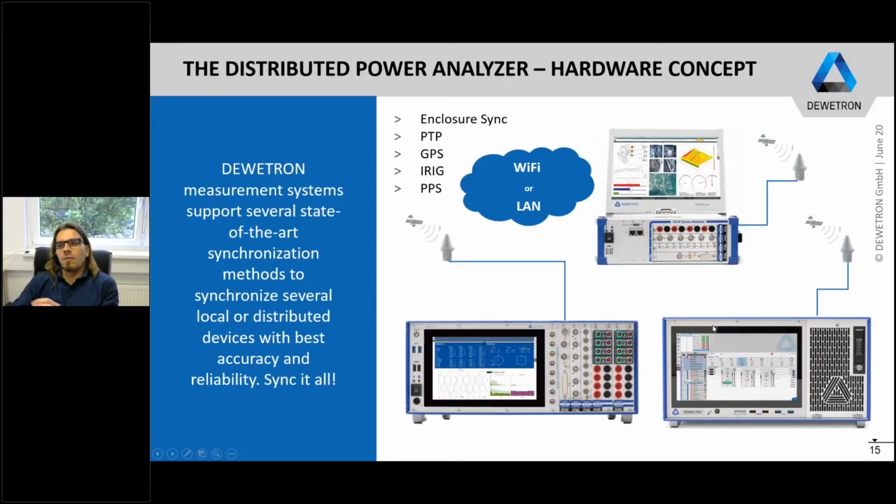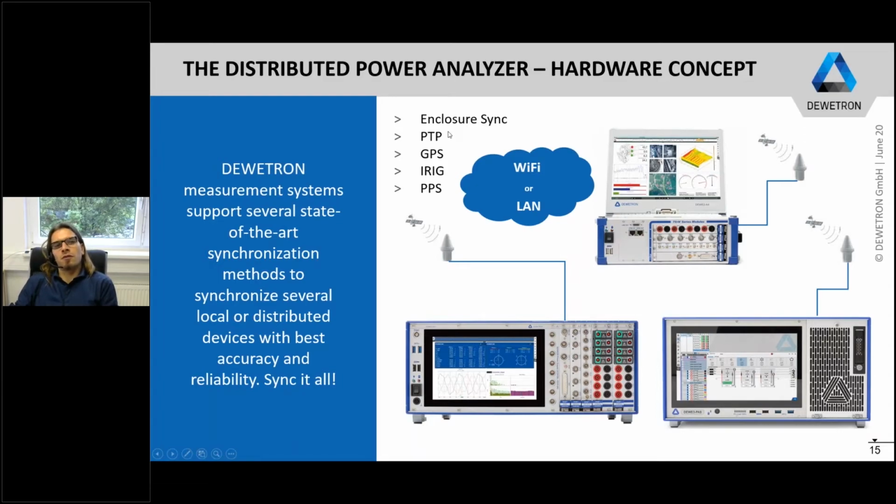And when it's about distributed measurement systems and distributed power analysis, you need several measurement devices and you need to synchronize them somehow. When you only use Tevatron equipment, you can synchronize them over an integrated timing sync source in every chassis, and also output the signal to different chassis to clock several devices, which is the so-called enclosure sync.